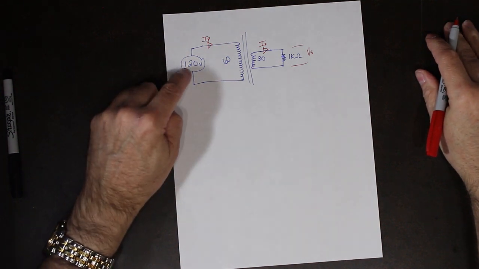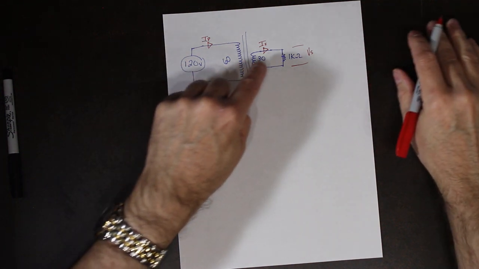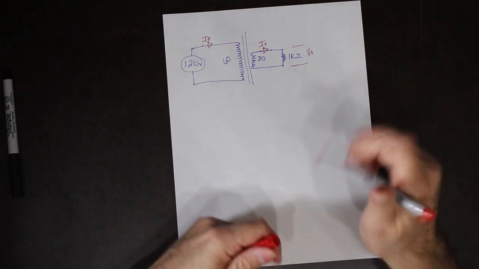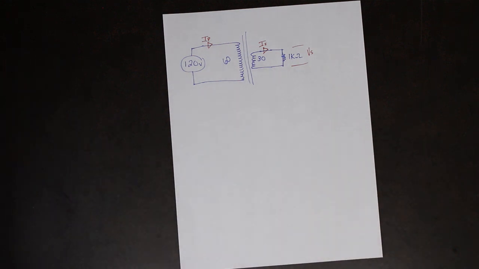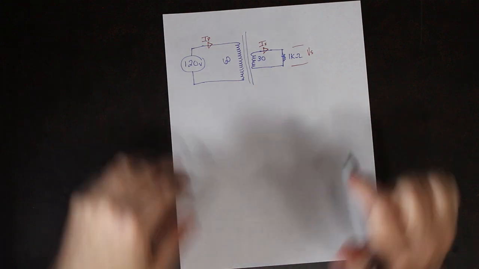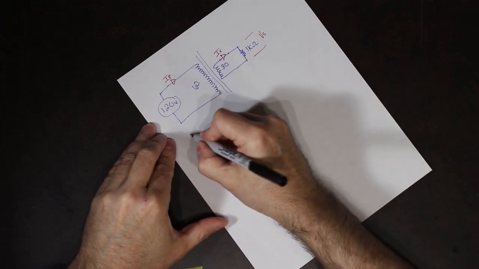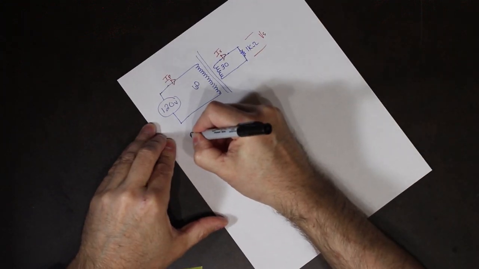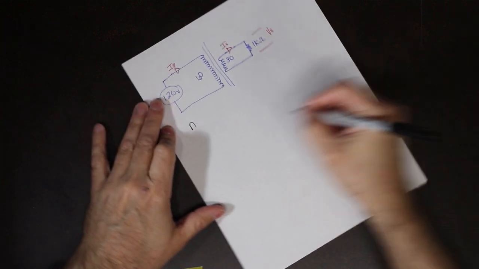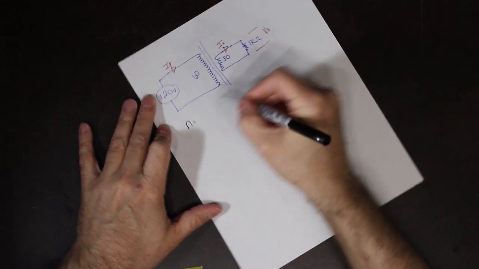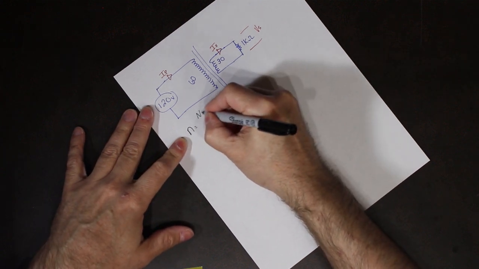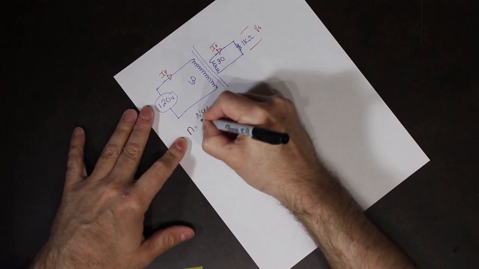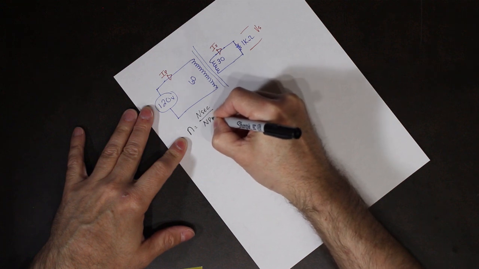So we know the primary voltage and the number of turns; the rest we need to calculate. First thing we're going to look at is our turns ratio. Our turns ratio is the secondary number of turns, so N on the secondary over N on the primary.